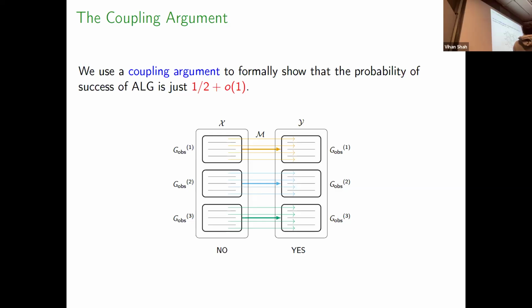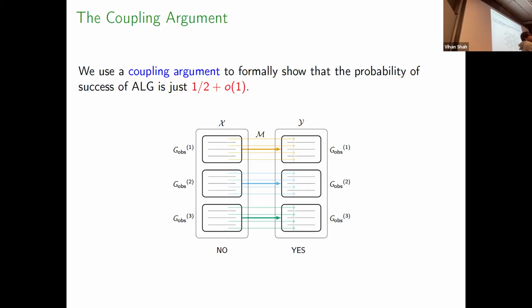There are multiple different no instances that give you the same observed graph. Maybe there are two instances that just differ in one edge. I will see the same observed graph for them. And now I will also see the same observed graph in the yes case as well.